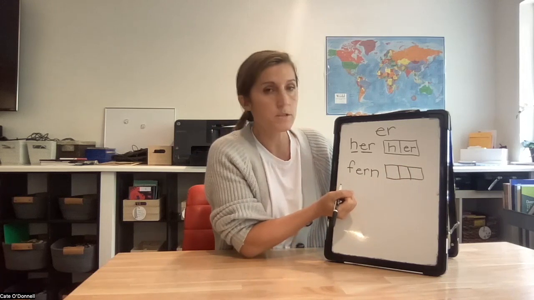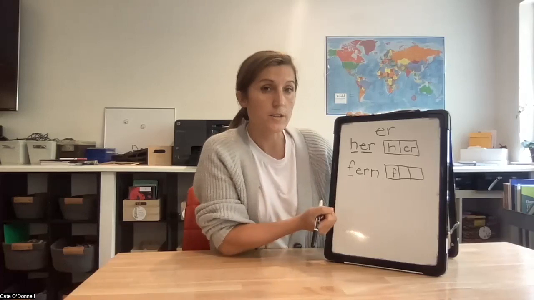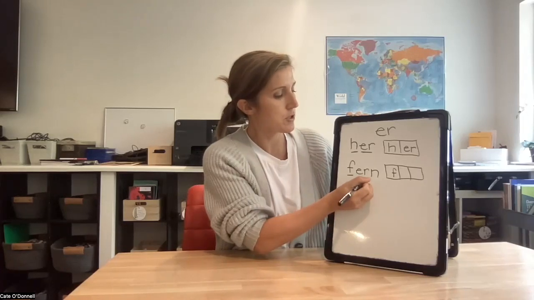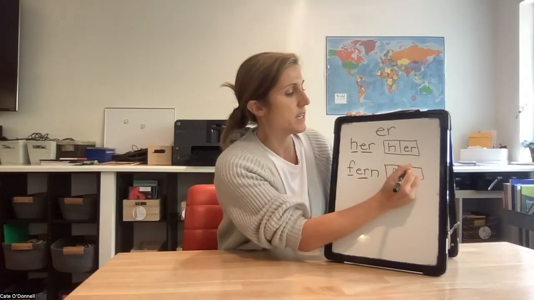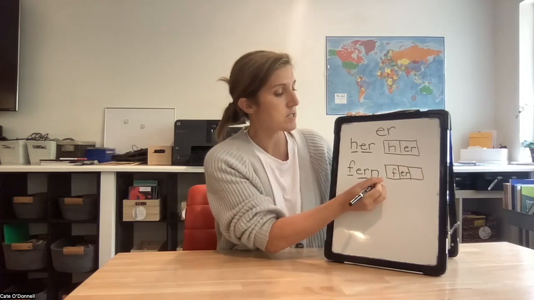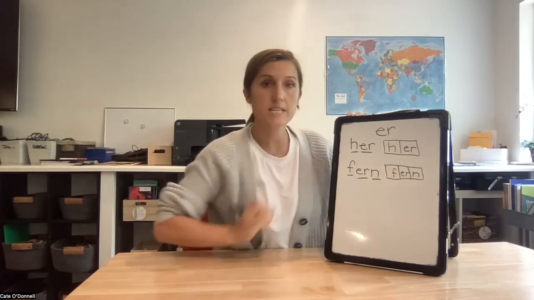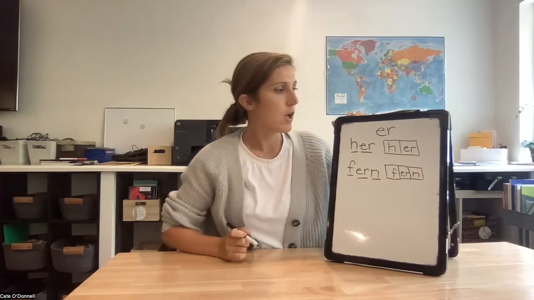Our first sound is spelled with the letter F. Our second sound is spelled with the letters ER. And our last sound is spelled with the letter N. This is how you spell fern.